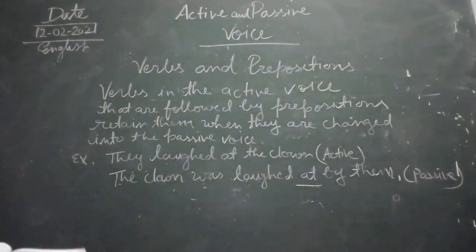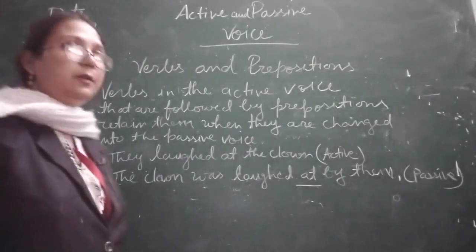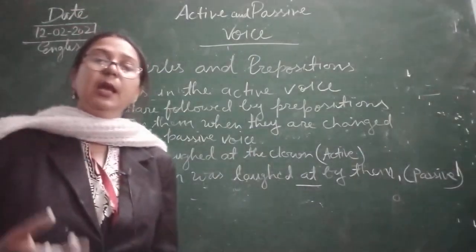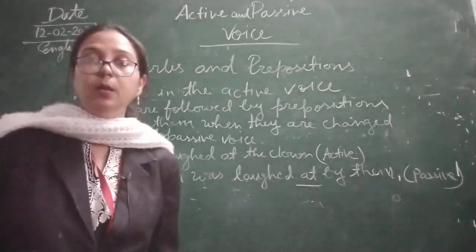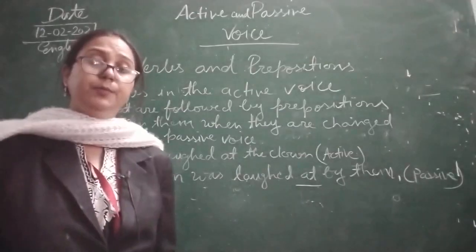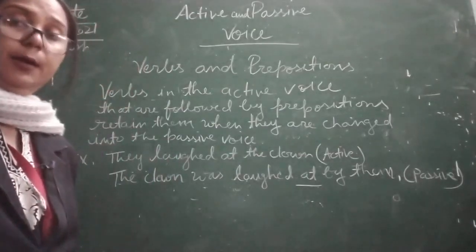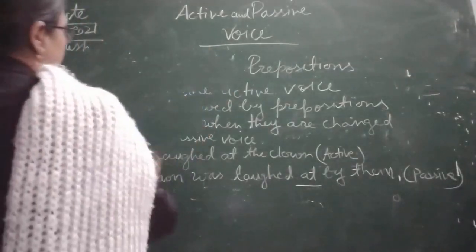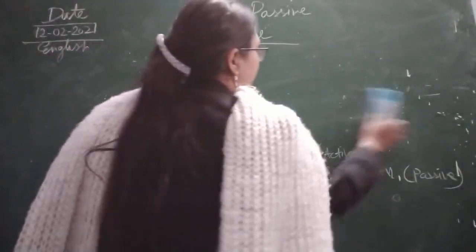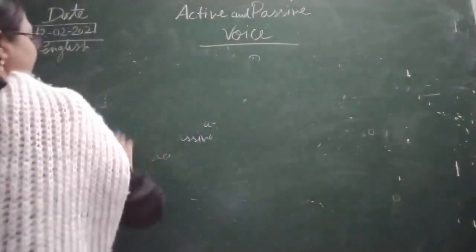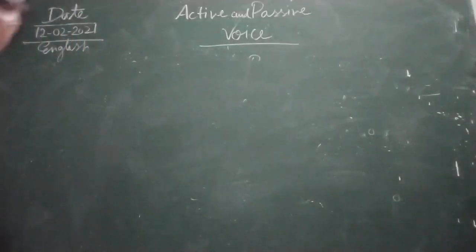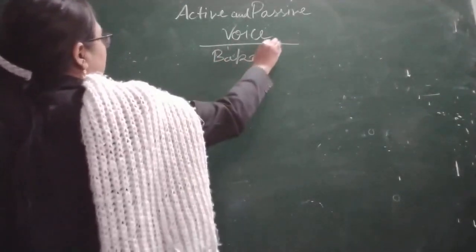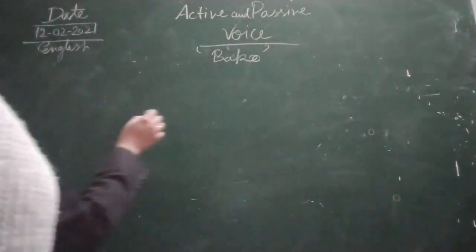Now children, I will give you a few examples, or you can say I will draw a table on the board on how to convert verbs, so that we will learn. If we take the verb bake, how can we write it in the different types of tenses? So children, bake is a verb. So how will we change it?